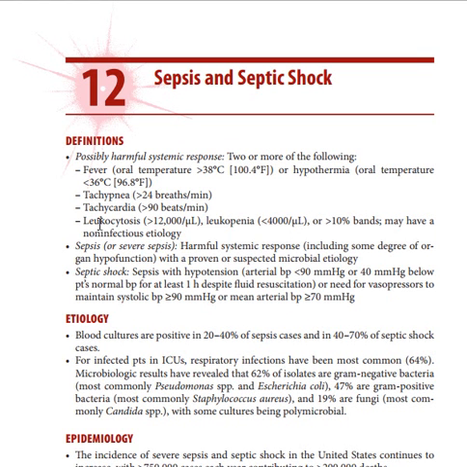You have tachypnea of greater than 24 breaths per minute, tachycardia of greater than 90 beats per minute, and leukocytosis of greater than 12,000 or less than 4,000. So all these are the characteristics of sepsis.